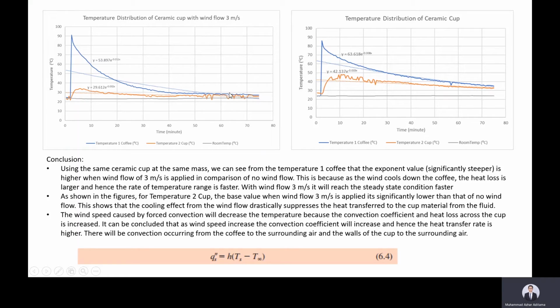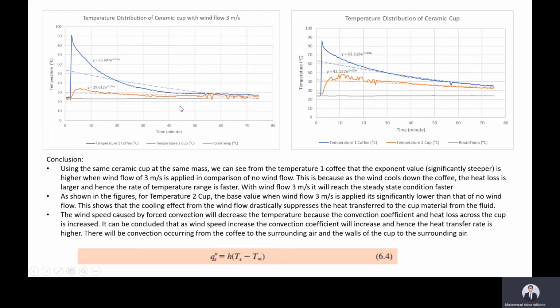Or we can say that the temperature distribution is way steeper for the ceramic cup with wind flow applied, and this is because the wind cools down the coffee, and the heat loss is therefore larger, and hence the rate of temperature change is faster.